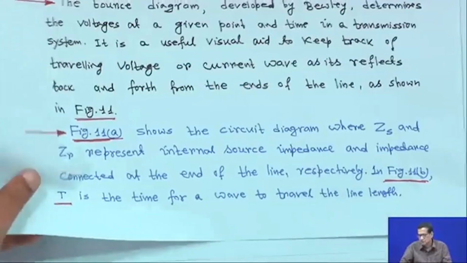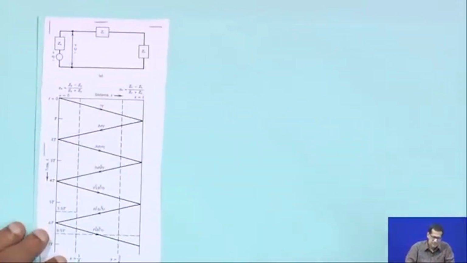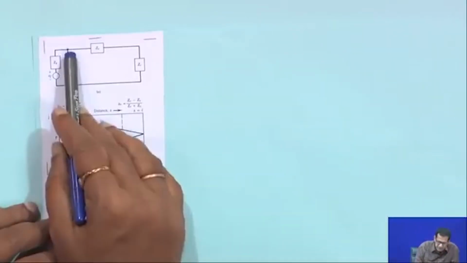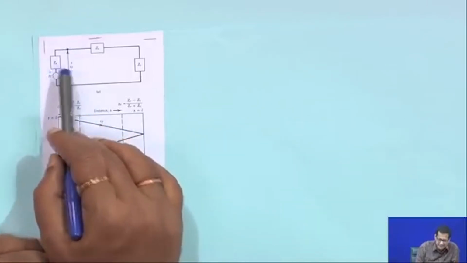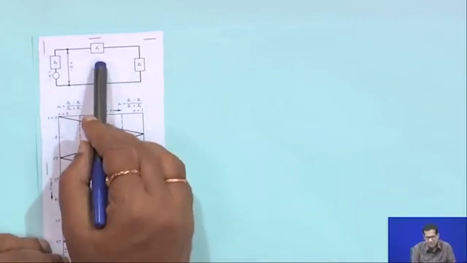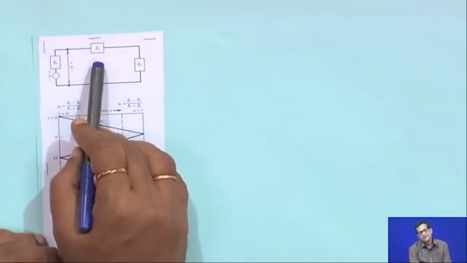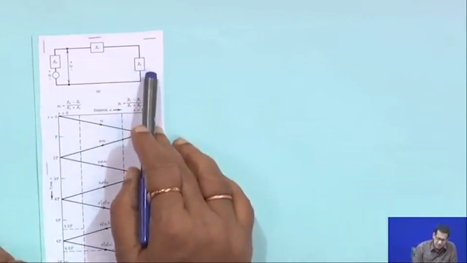Suppose you have this diagram: this is the source voltage e_f with internal impedance Z_s, across this the voltage is V_f, this is the characteristic impedance Z_c, and the receiving end is terminated in Z_r.